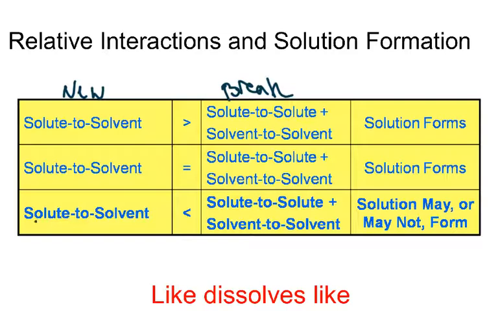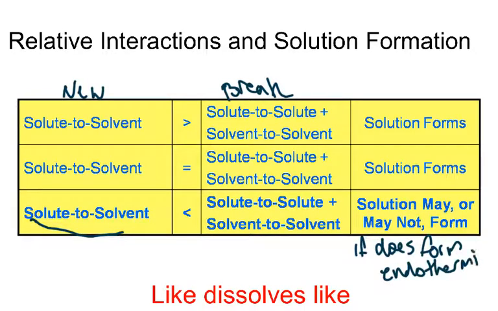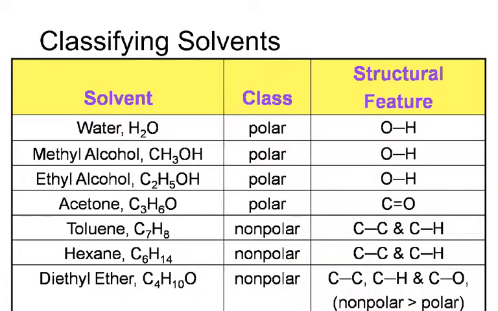But if that solute-to-solvent is lower than the ones that you have to break, the solution may or may not form. And if it does form, it's going to be endothermic. The general rule for if a solution will form is that like dissolves like. So things with similar intermolecular forces will form solutions.